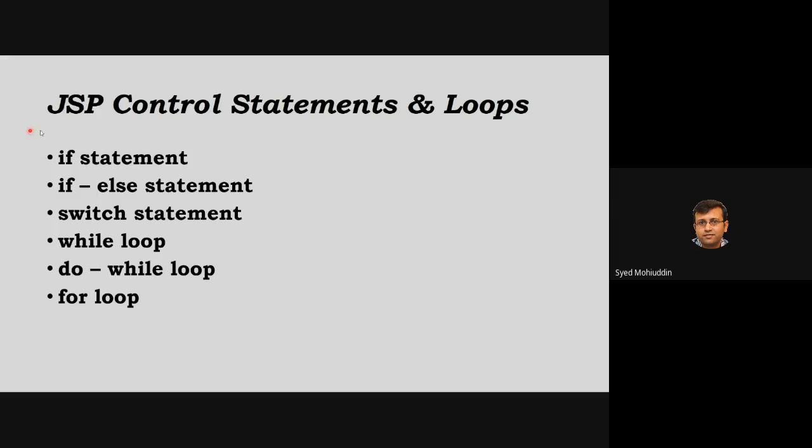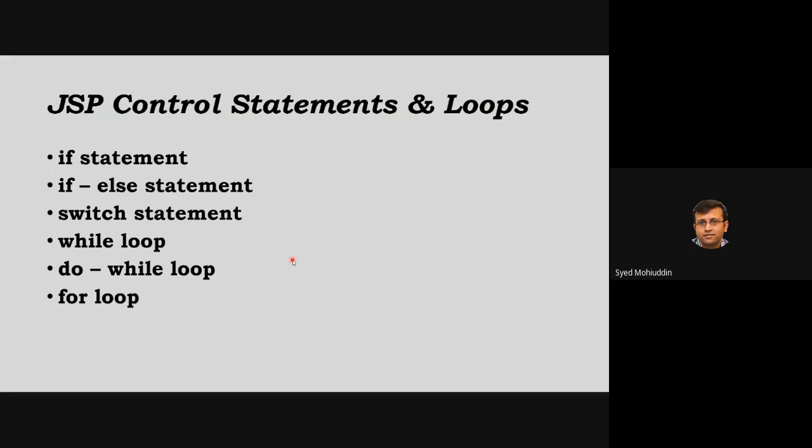I'm just brushing up because sometimes they have asked the question: explain JSP control statements, or explain JSP iterative statements, or explain JSP iterative loops, or repetitive statements. So they have sometimes asked this question.